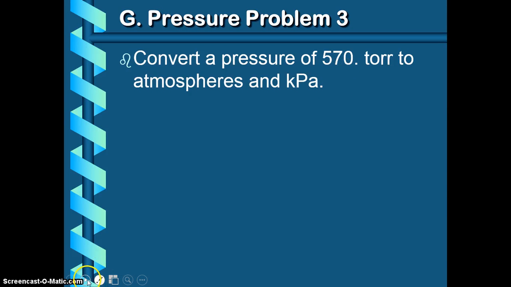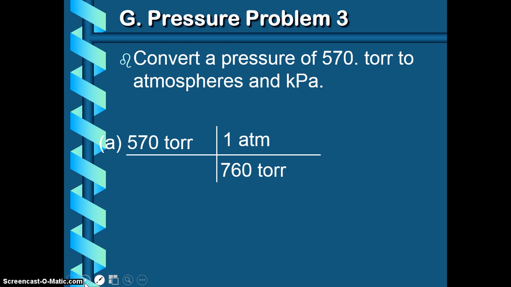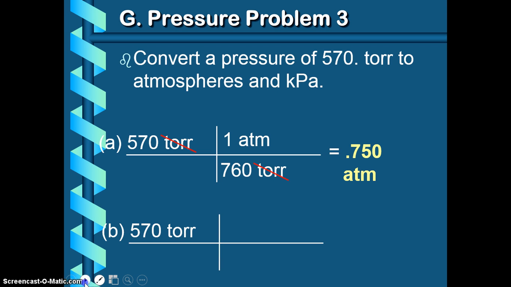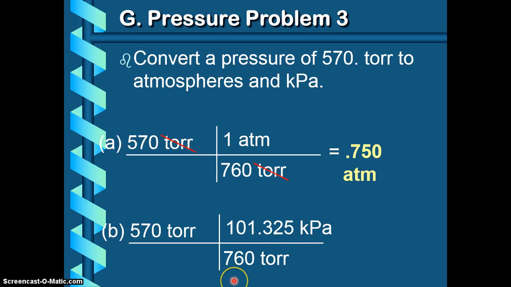So just to brush up on your sig figs. So we have 570 torr, and we're going to change it to atmospheres. Simple as that. The next one is 570 torr, and we're going to change it to kilopascals, and there's our relationship between kilopascals and torr. All we have to do is cancel the units and get our answer.